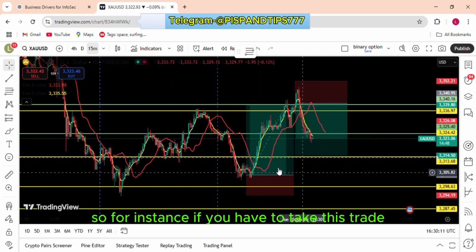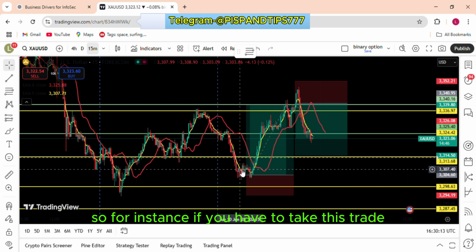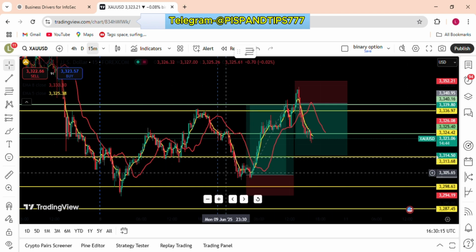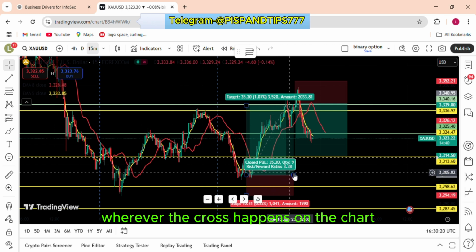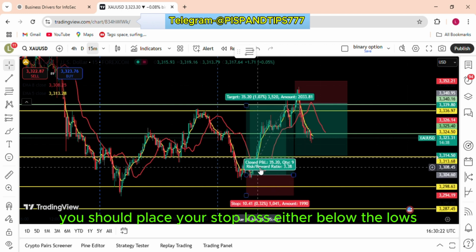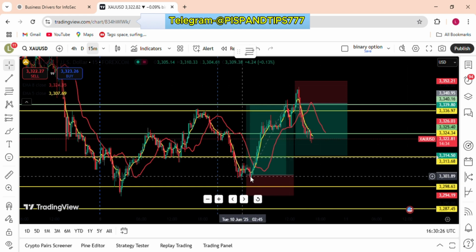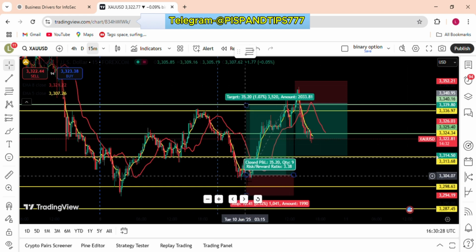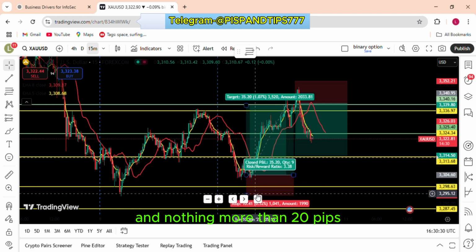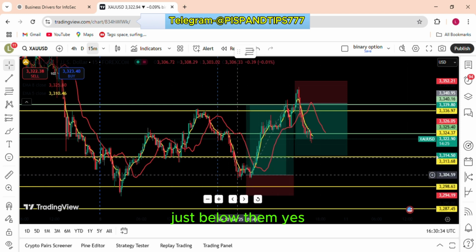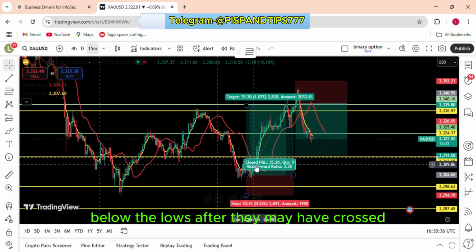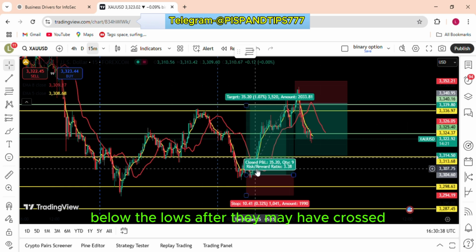So for instance, if you are to take this trade, wherever the cross happens on the chart, you should place your stop loss below the lows that were created, and nothing more than 20 pips, just below them. Below the lows after the EMAs have crossed.